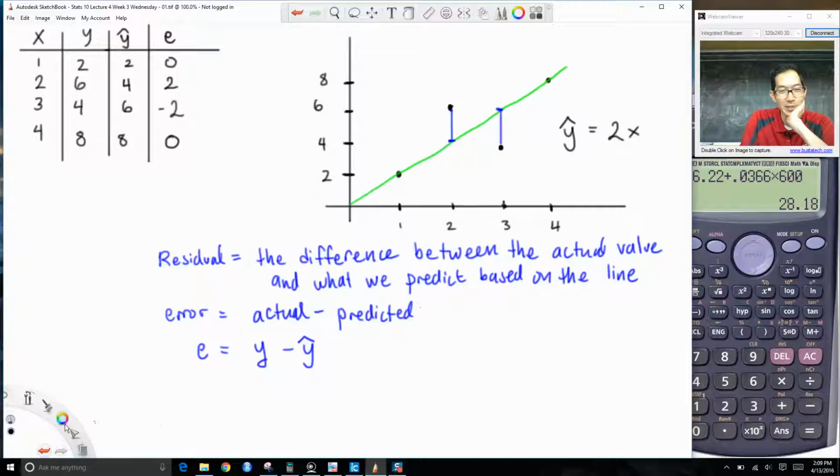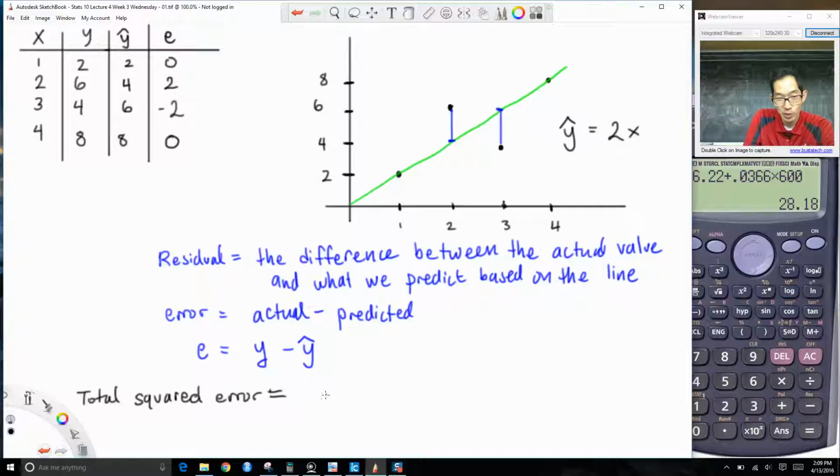So the way we're going to measure how well or how poorly our line fits is we're going to look at the total squared error. I keep wanting to have double r's in squared. Squared error is exactly what it sounds like. We have our error terms, and I'm just going to square them.